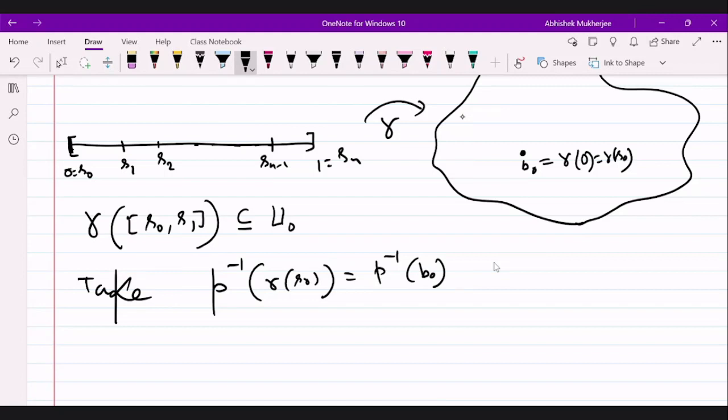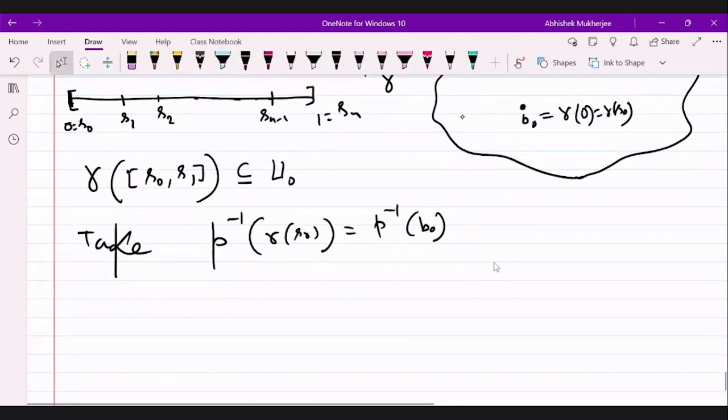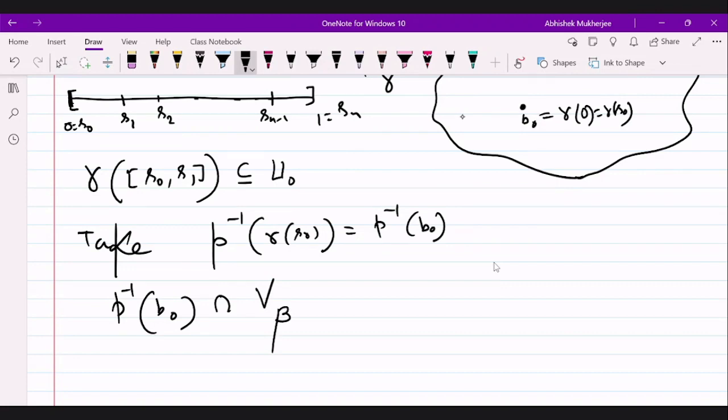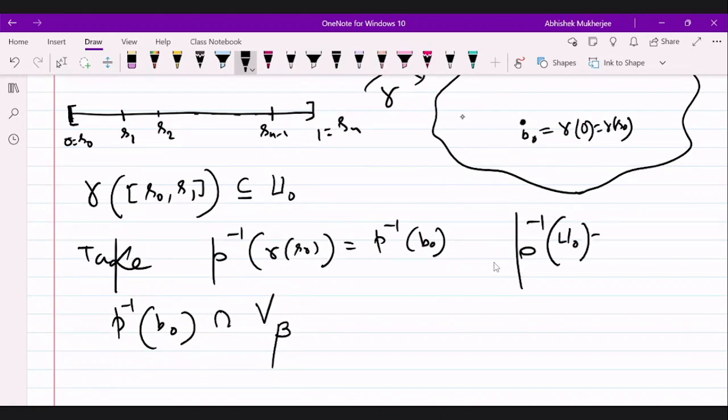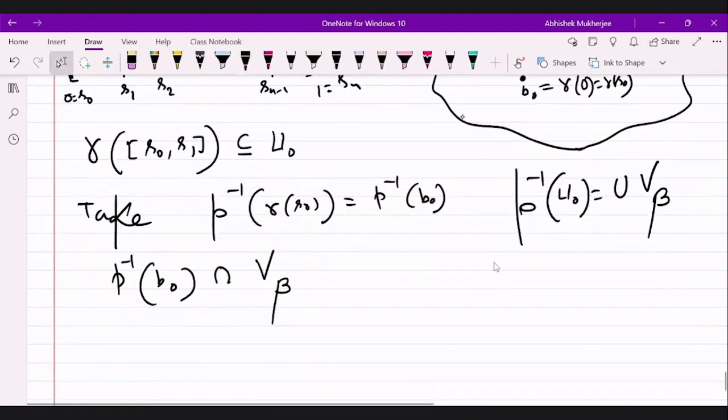So you can take P inverse B naught intersect V beta. What is V beta? P inverse U naught can be written as a union of V betas, where V betas are slices of that U naught in the covering space using that P. So P inverse B naught intersection V beta is going to be a point. Let us call it E naught.